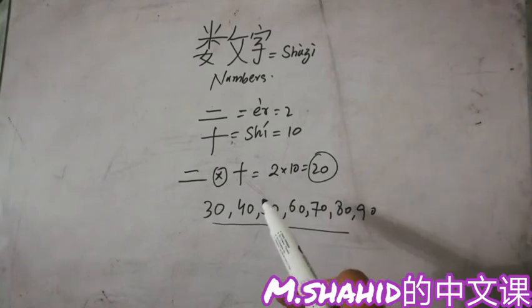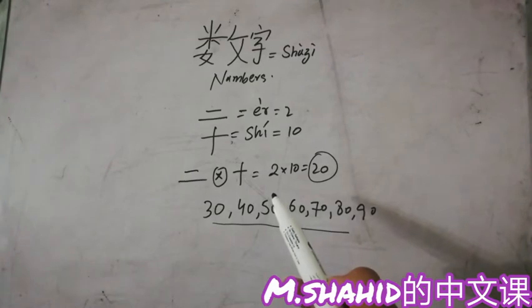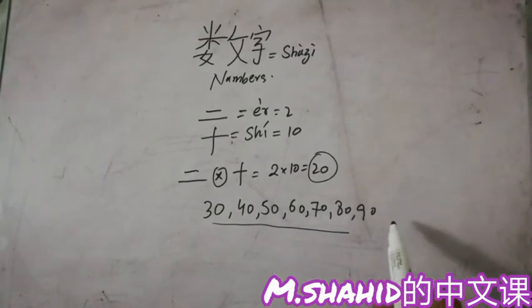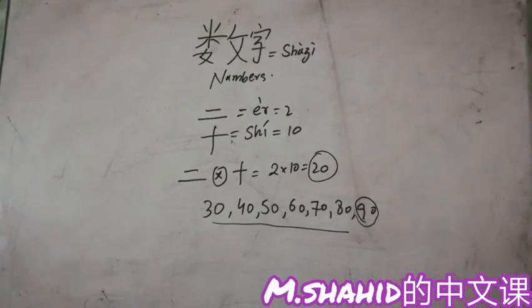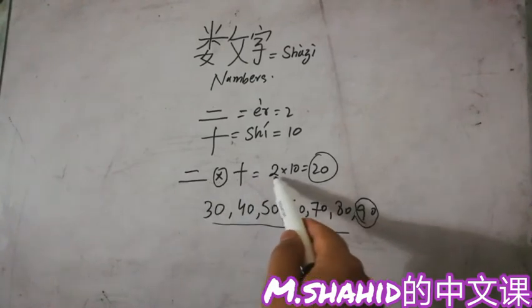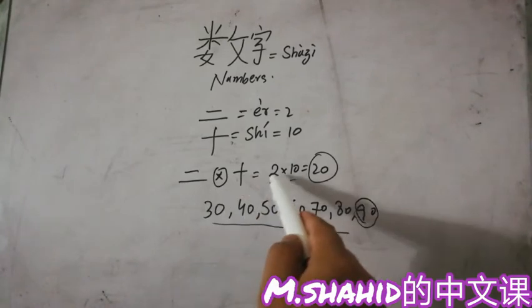For 40, you just need to know the character for 4, and the same character for 10. And similarly, it will proceed up to the number 90. So it is like the multiplication of 2 with 10, and it became 20.